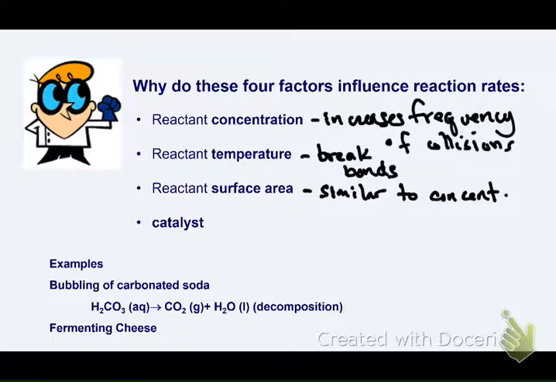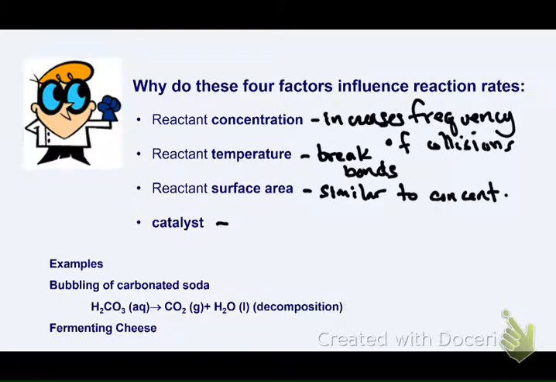Now, there's a thing called the catalyst, and we're going to talk about catalysts at the very end. But what a catalyst does is it simply lowers the amount of energy needed for the reaction to take place. Usually how it does it is it holds the reactants close together in the proper orientation so the reaction can take place.